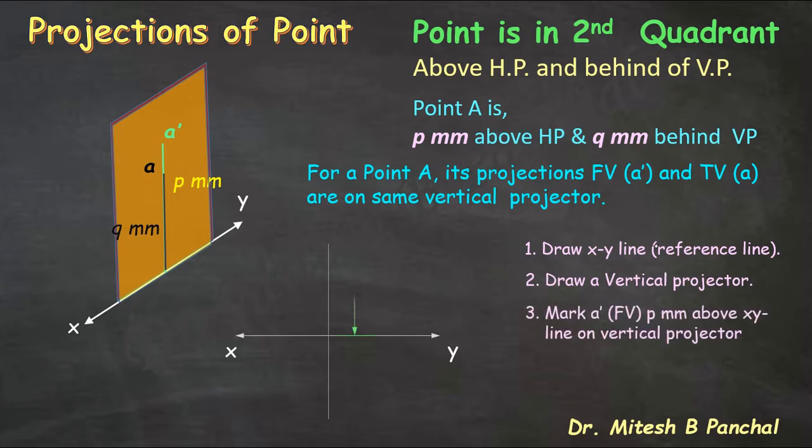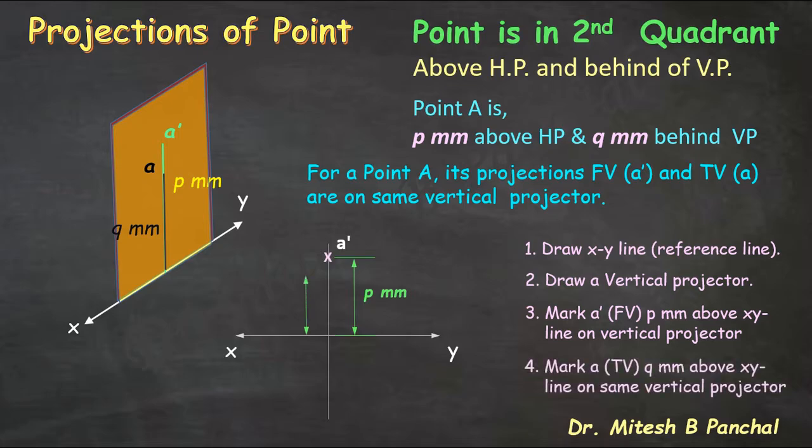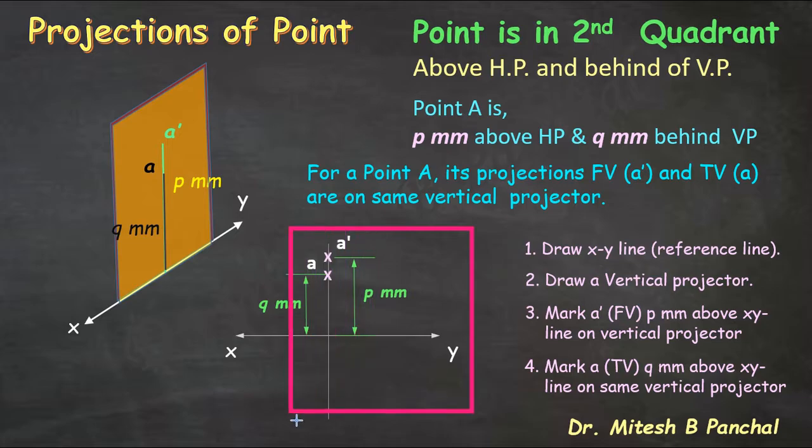So on the same vertical projector, at a distance P mm from XY, mark A dash, that is the front view, and mark the top view a at Q mm from XY line. So when a point is in the second quadrant, the final answer, that is the projections of the point, is this one.